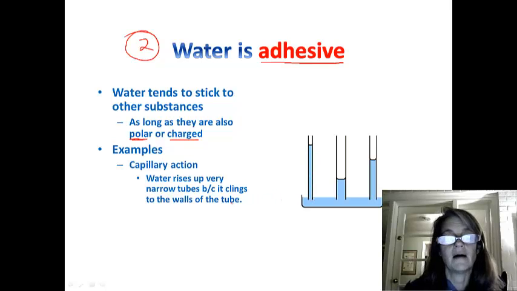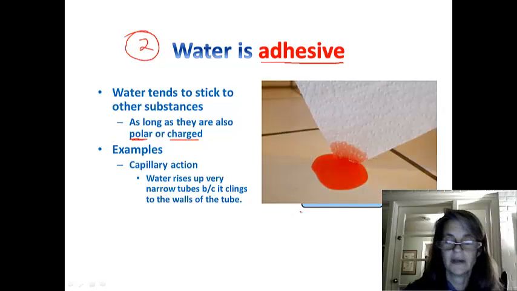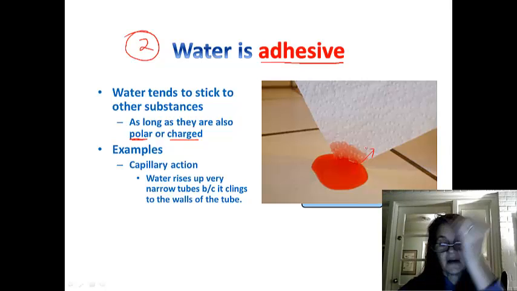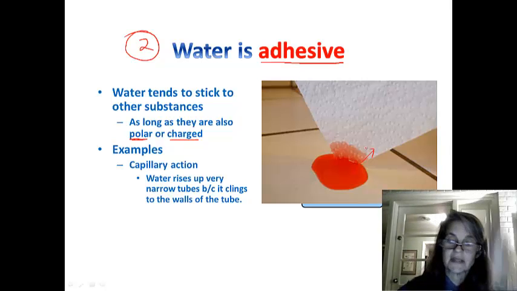But that same principle is what carries liquids up into a paper towel, for example. There's all these little tiny pathways. The fibers of the paper towel are polar, and the water just runs up these little tunnels and tubes and pathways up into the paper towel.